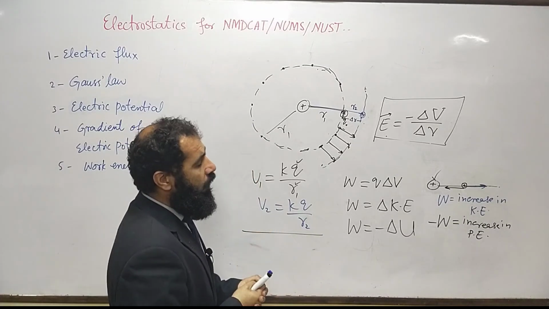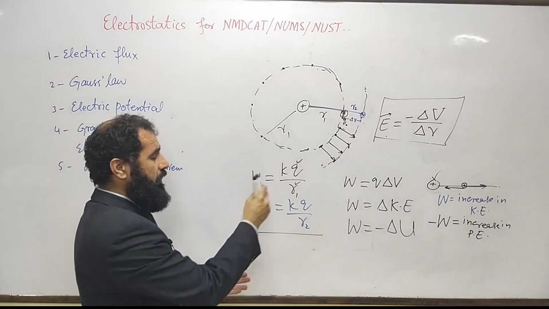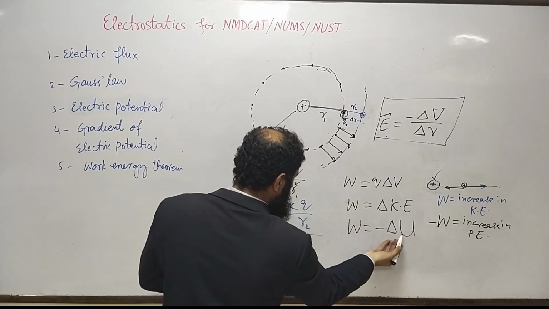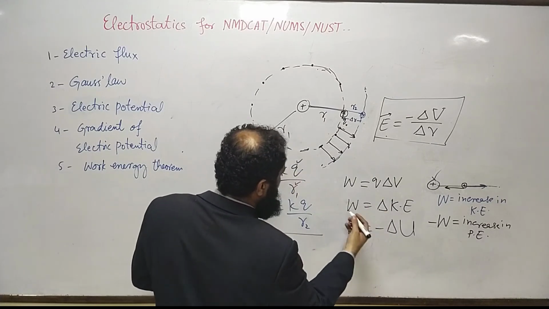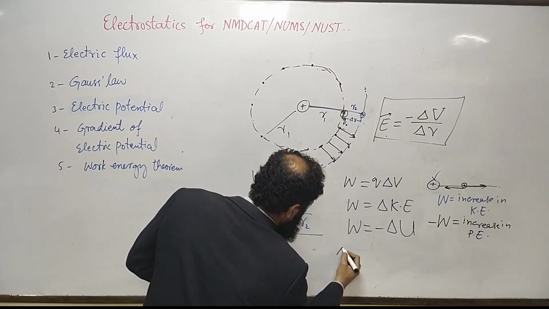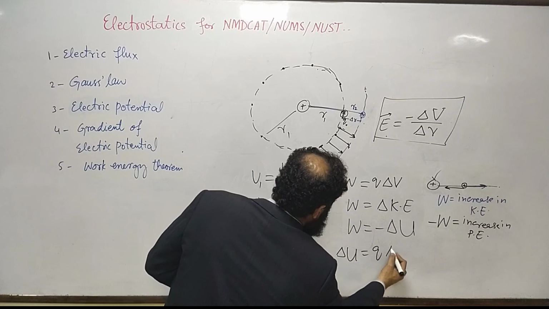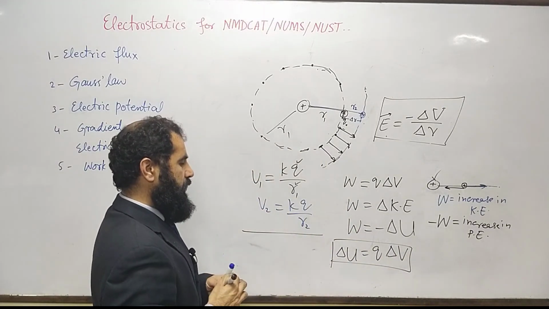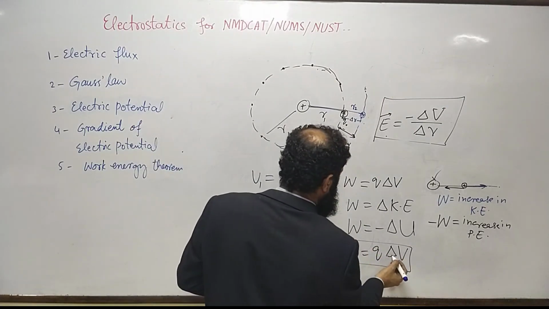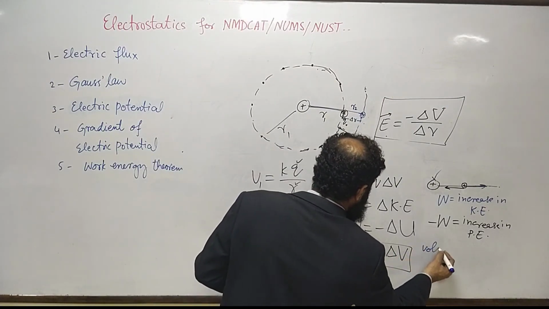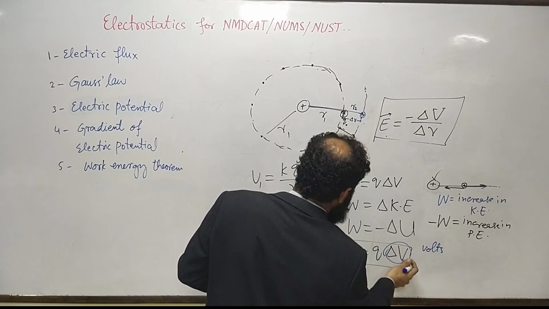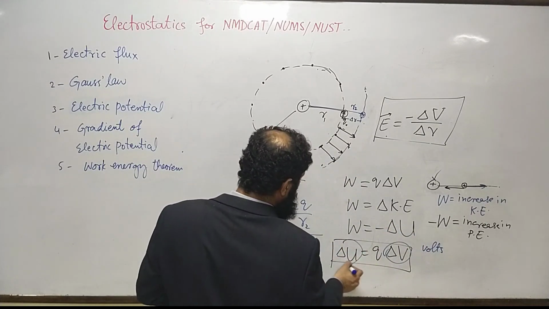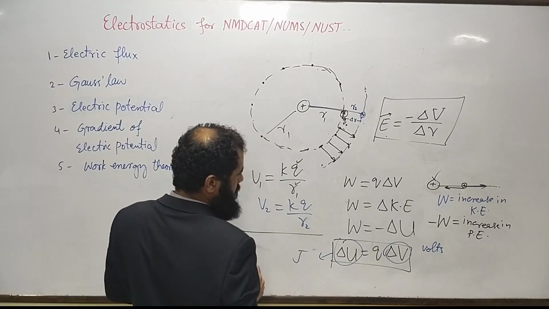So this is how we can relate the potential and the potential energy. So final expression may be delta U is Q delta V. This is very important expression. Delta V has units of volts, and delta U has units of joules.